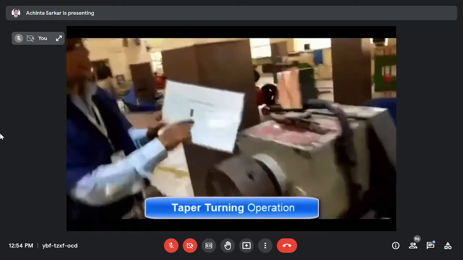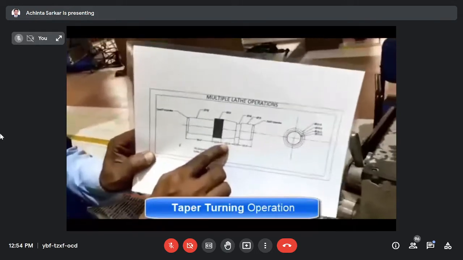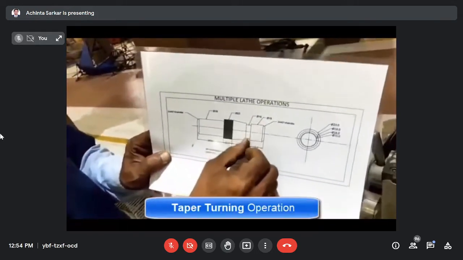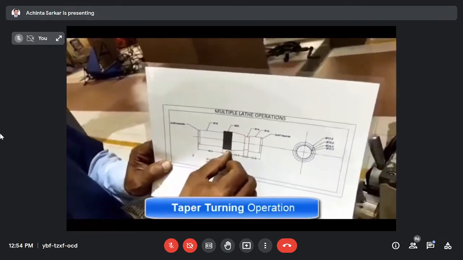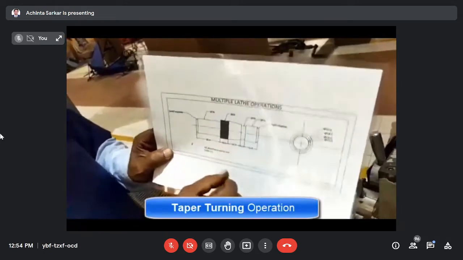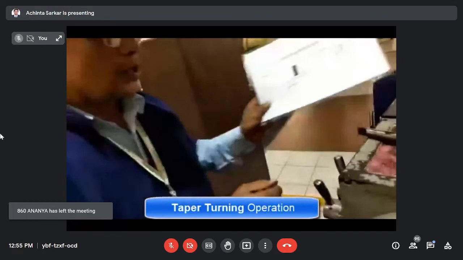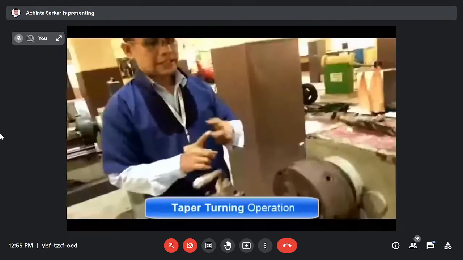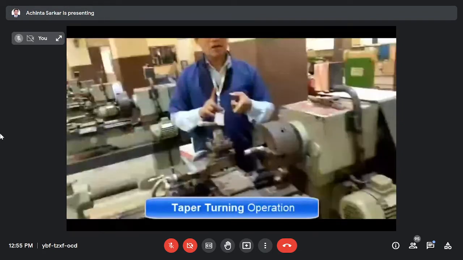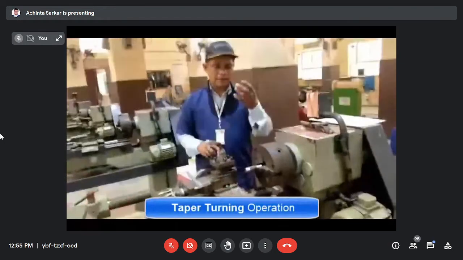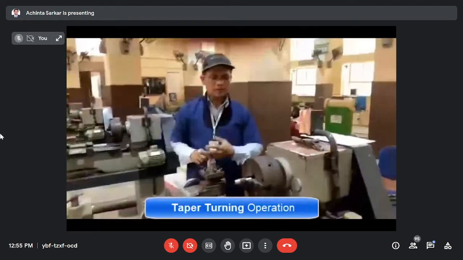Here the given taper length is 15 mm, smaller diameter 19 mm, larger diameter 23 mm. By applying the values here, the angle you can find is 7.5 degrees or 8 degrees. To be safe, we take the rounded number, 8 degrees.